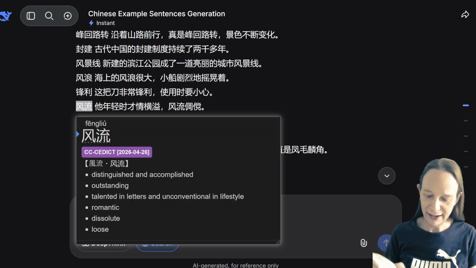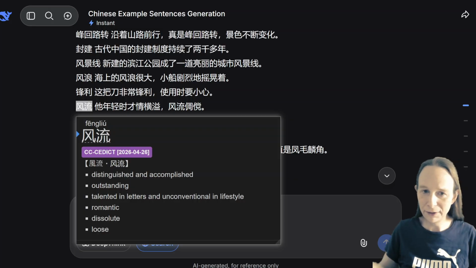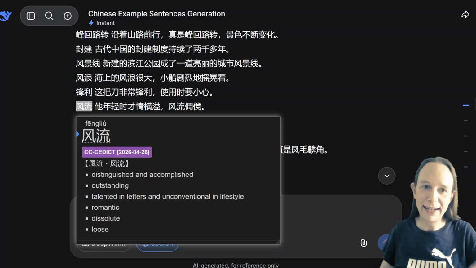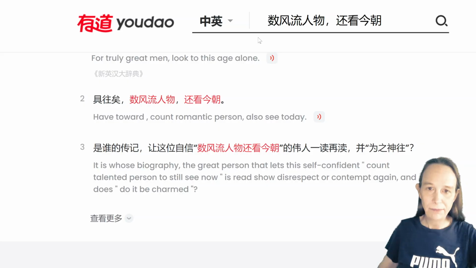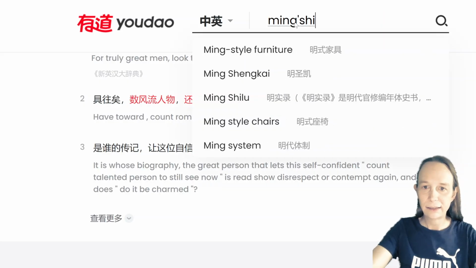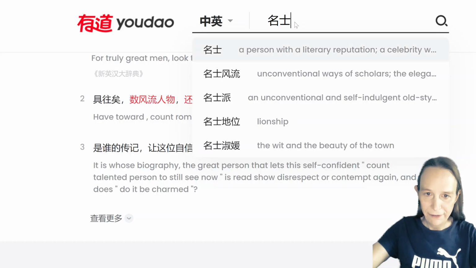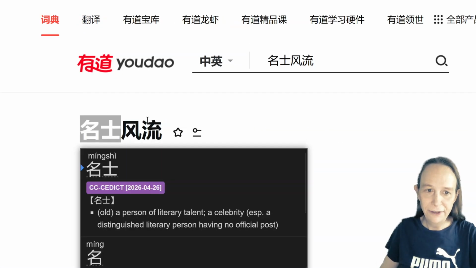Okay, number 2. 觉有才学而不受礼法约束的. Okay, 名士风流. So it's someone who's erudite but is unrestrained. 名士风流.